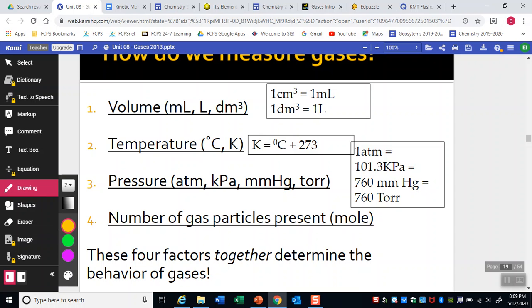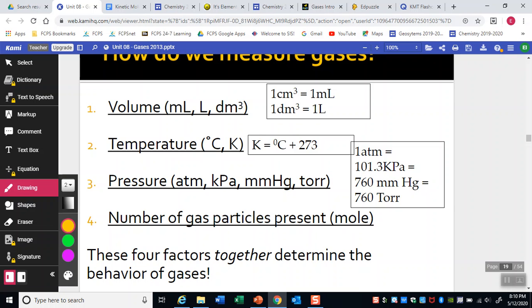All right, so when you're measuring volume, you would use milliliters or liters, or a cubic decimeter, which is 1 liter, or a cubic centimeter, which is 1 milliliter. But temperature-wise, you always use Kelvin. So if you have degrees Celsius, you would just add 273 to that. Then that would tell you how many kelvins you have, the temperature in kelvins.